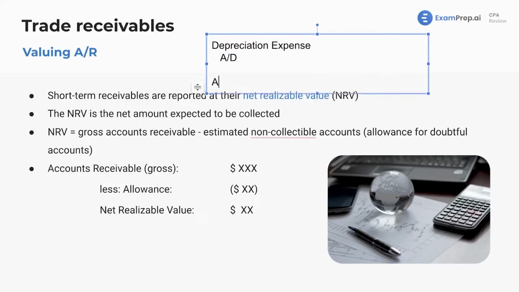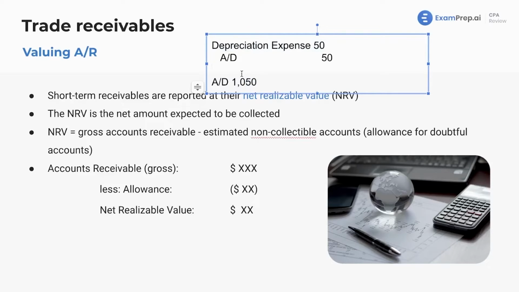So if accumulated depreciation is $1,000, this year maybe we recognize 50 of depreciation expense and accumulated depreciation of 50, right? We're going to increase that because this is a contra account, just like allowance for doubtful accounts. This is a contra asset. So to increase it, you credit it. To debit an expense, you increase it. So now accumulated depreciation is 50.